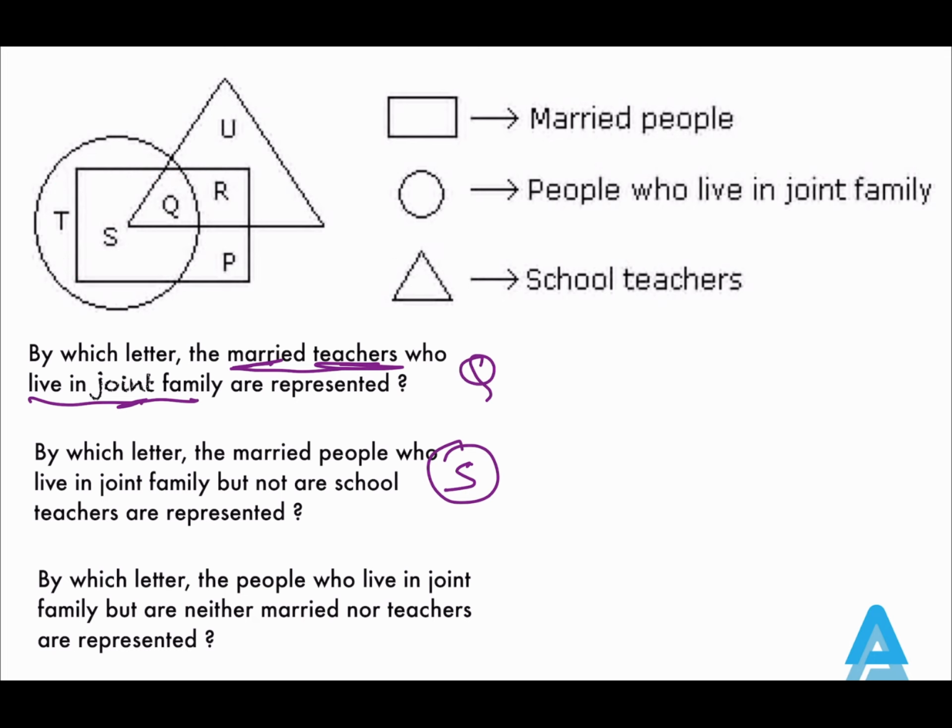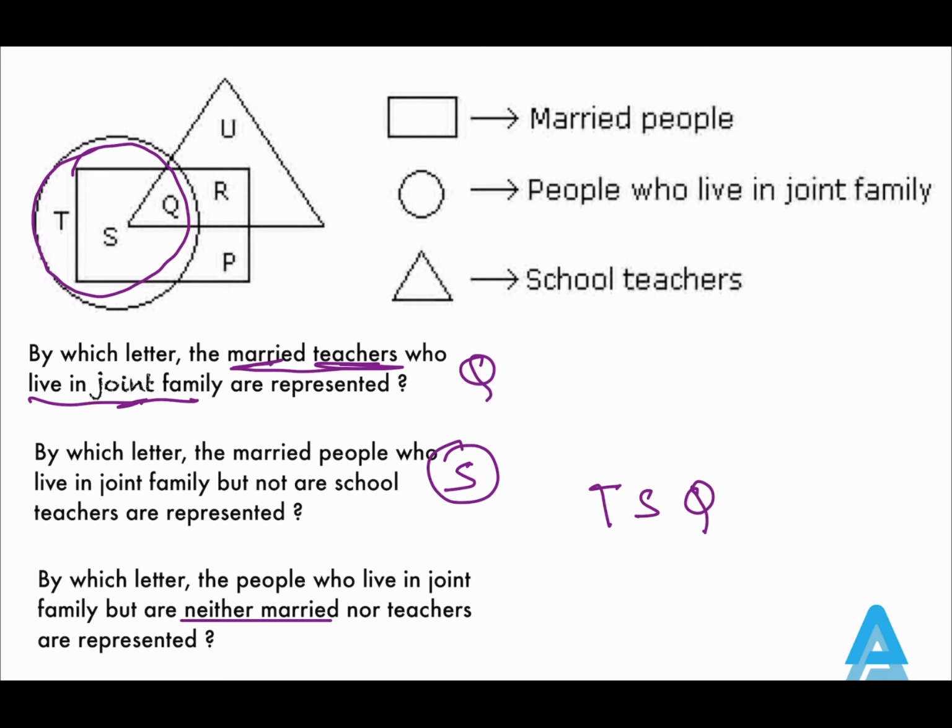Now by which letter the people who live in joint family but are neither married nor teachers. So first of all, find the joint family, that is our circle. So in that circle there are T, S and Q. Now they are saying neither married.